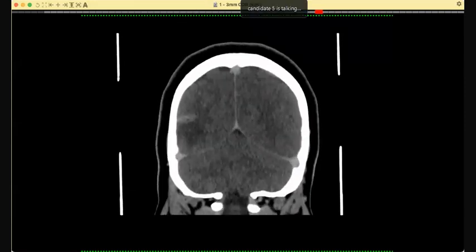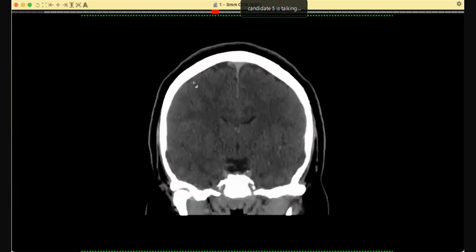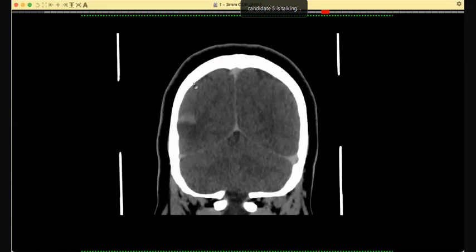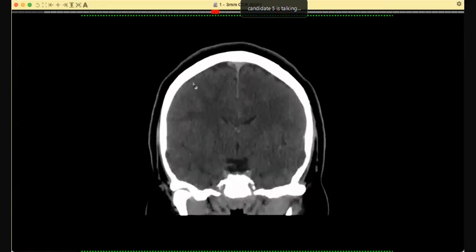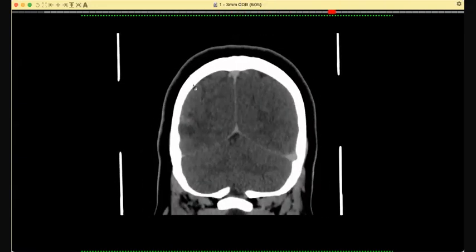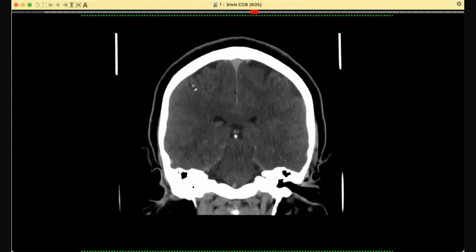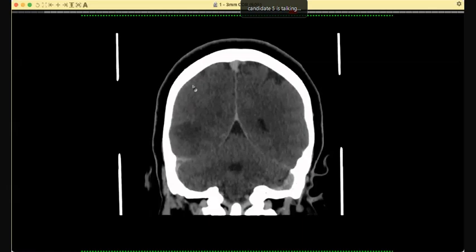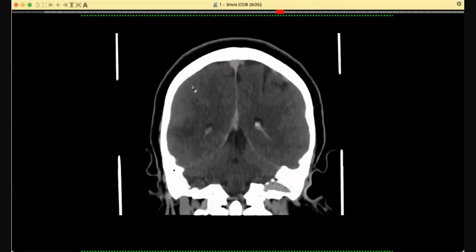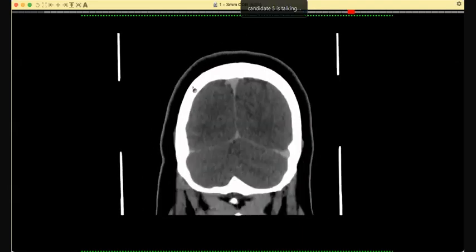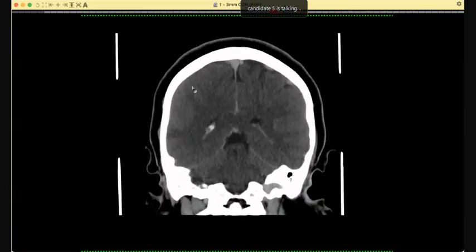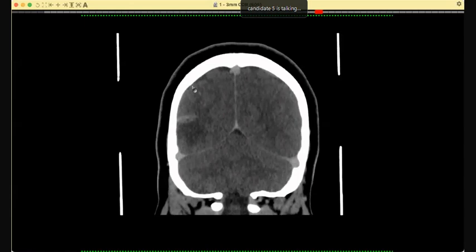I would also like to know the duration of the patient's symptoms. The patient presented in A&E, but these symptoms were going on for 5, 6 days. So it can be because of a subacute infarct, which is showing some gyriform enhancement.